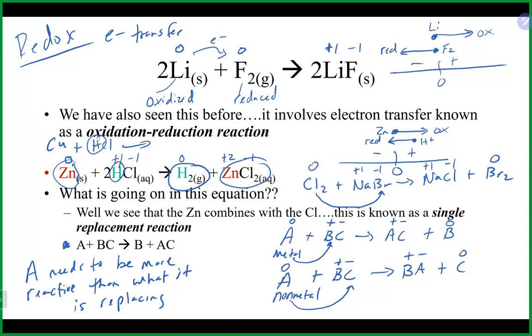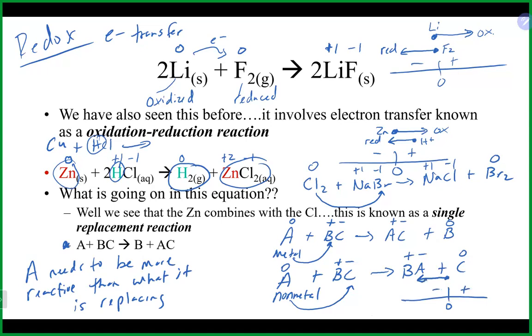And ultimately, what is happening in this case is the chlorine is going from 0 to -1. So is the chlorine being oxidized or reduced in this case? The chlorine here is going from 0 to -1, which means it's becoming more negative. So the chlorine is actually being reduced.